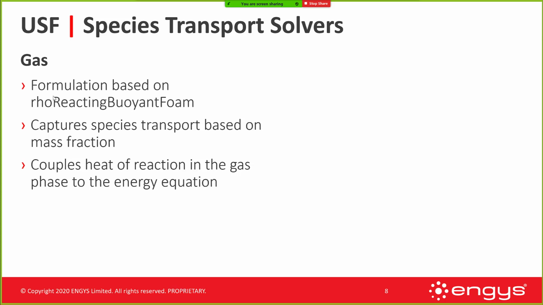So if you're familiar with that solver, we're able to capture species transport based on mass fraction, and this specific solver transport module in the gas couples the heat of reaction in the gas phase to the energy equation in another module, the CHT module that I just mentioned.